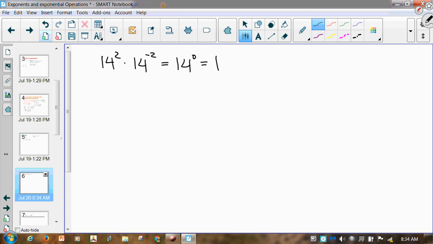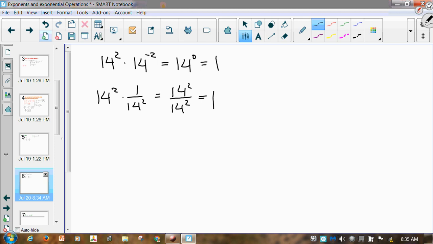And what if we did this with the reciprocal rule instead of the addition rule? 14 squared times 1 over 14 squared, which is equal to 14 squared divided by 14 squared, which is equal to 1, right? So you can approach a lot of these problems in more than one way.